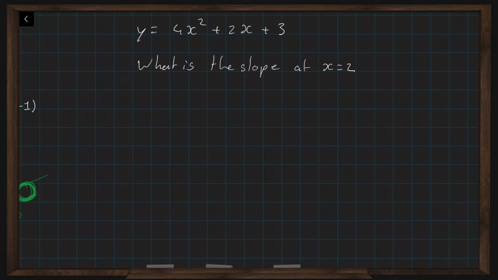Well, okay, so we take dy by dx, which is equal to f of x plus dx minus f of x, over dx.